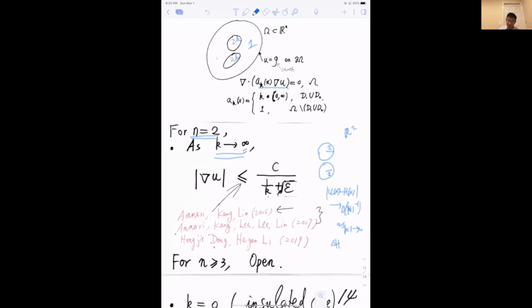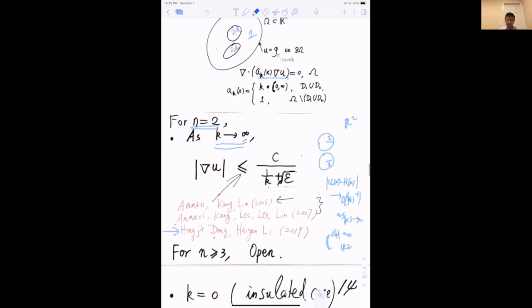H is harmonic. So in that case, they identified these rates. Then a proof was given by Hongjie Dong and Haigang Li.